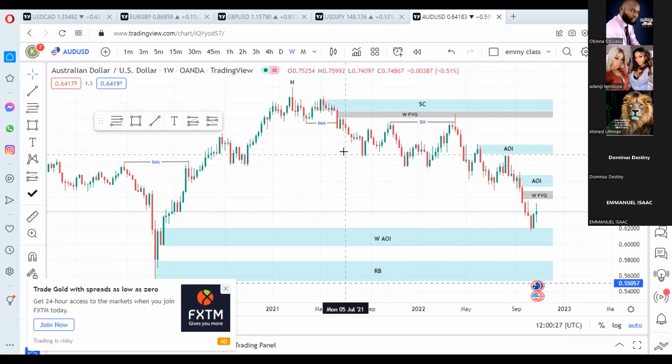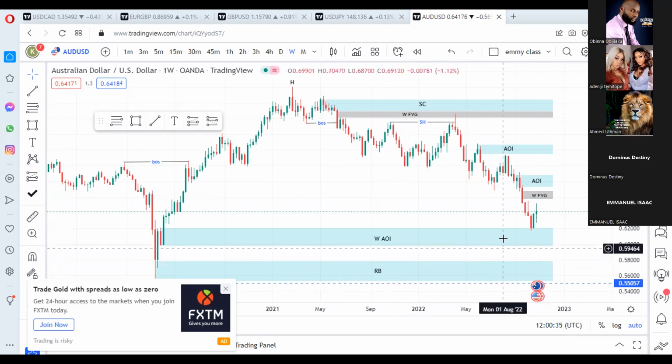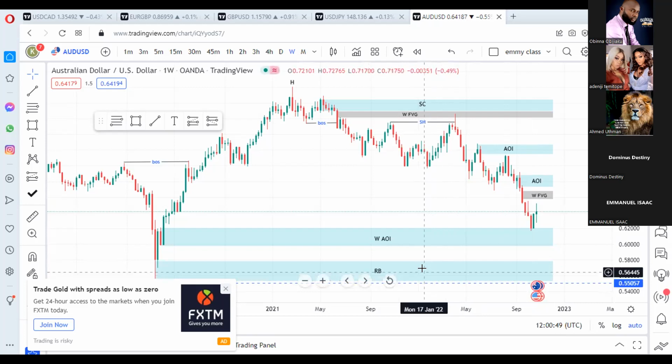To sweep the whole low, I don't see any area of interest. They remove all those areas of interest. They are targeting that. So there's no area of interest on the sell side. The low is their target, market maker sell model. So delete all those areas of interest, all those rejection blocks. Target just that low. They're coming to sweep that low. Delete everything.